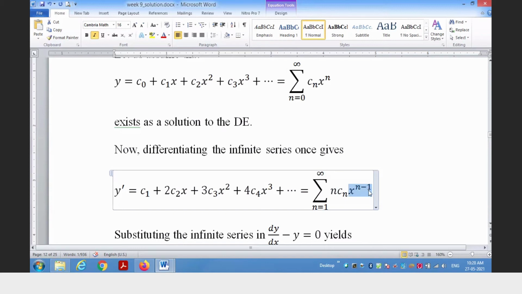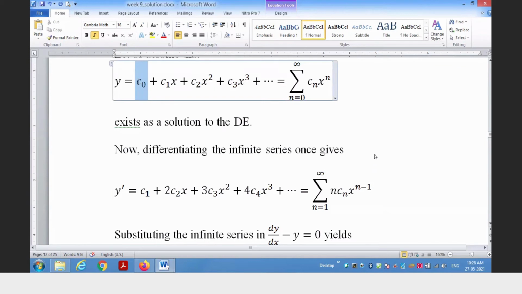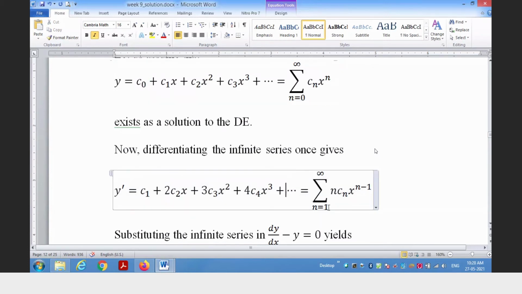Imagine that this is the normal way that we differentiate: bring the power down, the constant remains unchanged, and then you reduce the power by 1. But notice here now n starts from 1 because the first term disappears. Before this n started with 0, but because this term disappears, now n starts with 1.